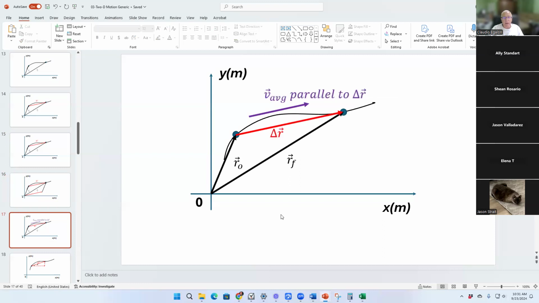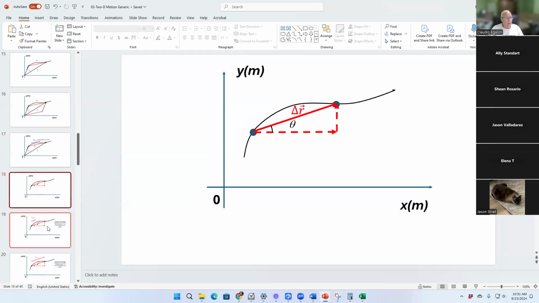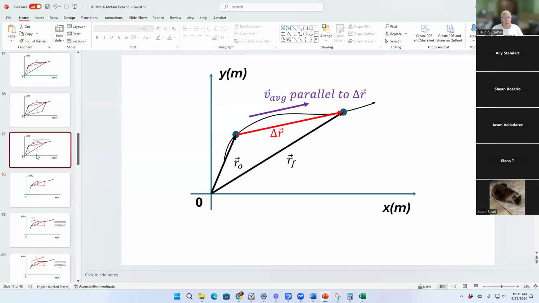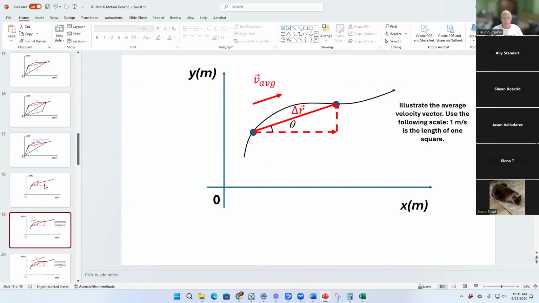The delta R vector has units of meters, units of displacement. And what do we have now? This is the delta R vector being broken down into two components, the x component and the y component. The average velocity vector too.